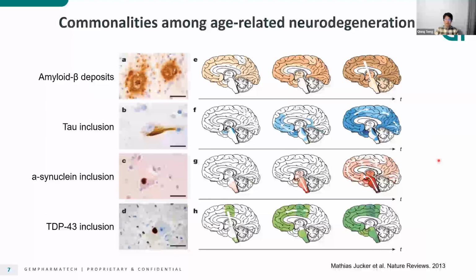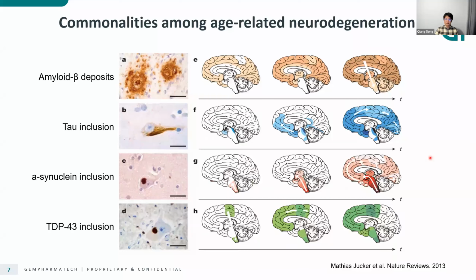The hallmark event in neurodegenerative disease is misfolding, aggregation, and accumulation of proteins, which lead to cellular dysfunction and loss of synaptic connections in the brain, and eventually cause brain damage.